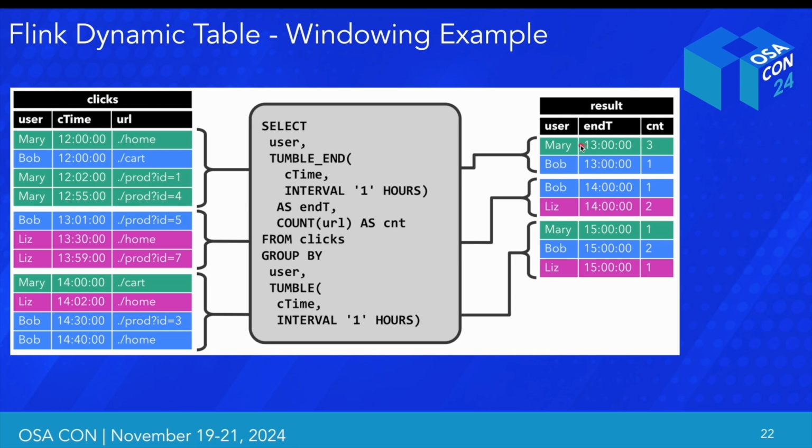So for this case, the time window is between 12 to 13 hours. For this case, the time window is between 13 to 14 hours. And for this case, the time window is from 14 to 15 hours. So whatever comes in between this 14 to 15 hour window would be aggregated using this tumbling window function.